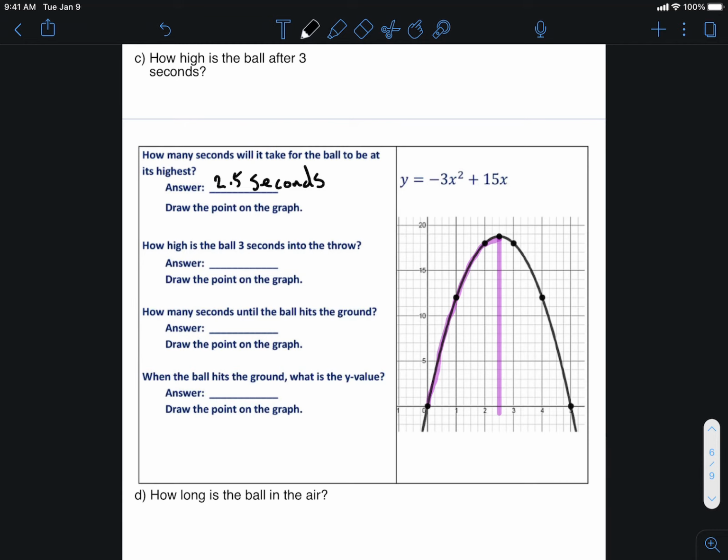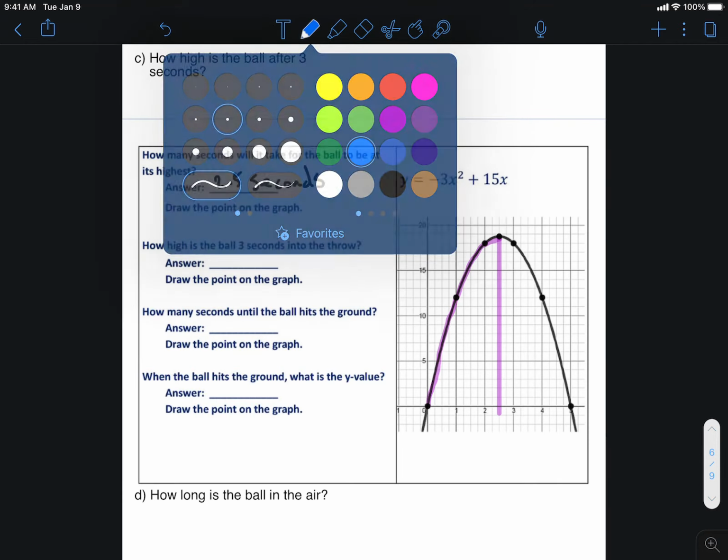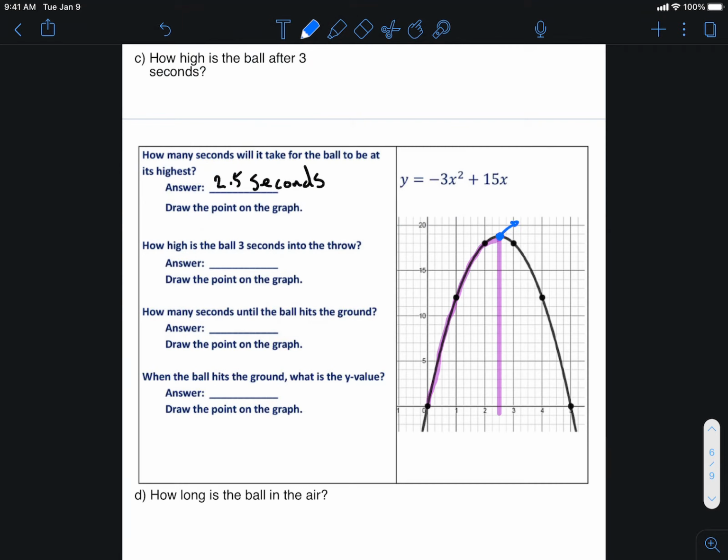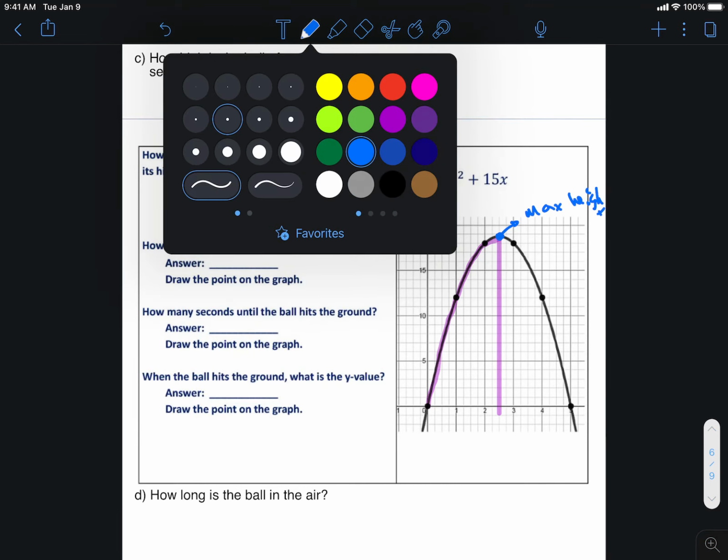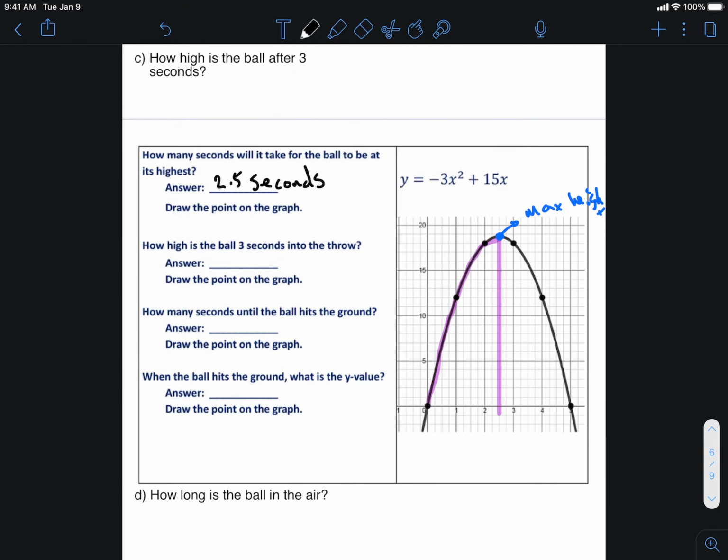I'm going to like you guys to label things like max height. Another word for that is the vertex.